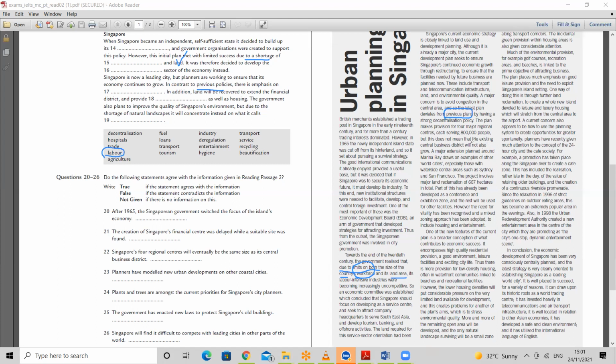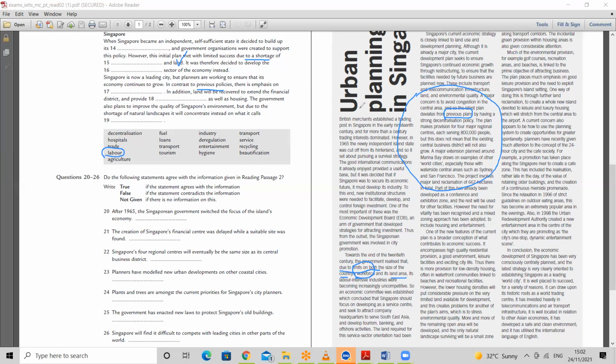Okay, which means that my answer has to be somewhere here, the previous plans. Okay, anyway, it says that in contrast to previous policies, there is emphasis on something. There's an emphasis on something. So the emphasis is on what?